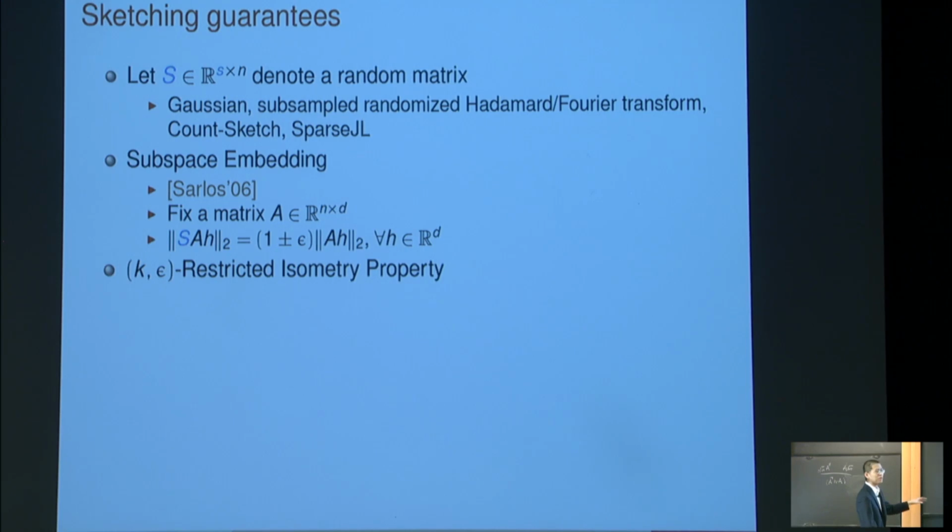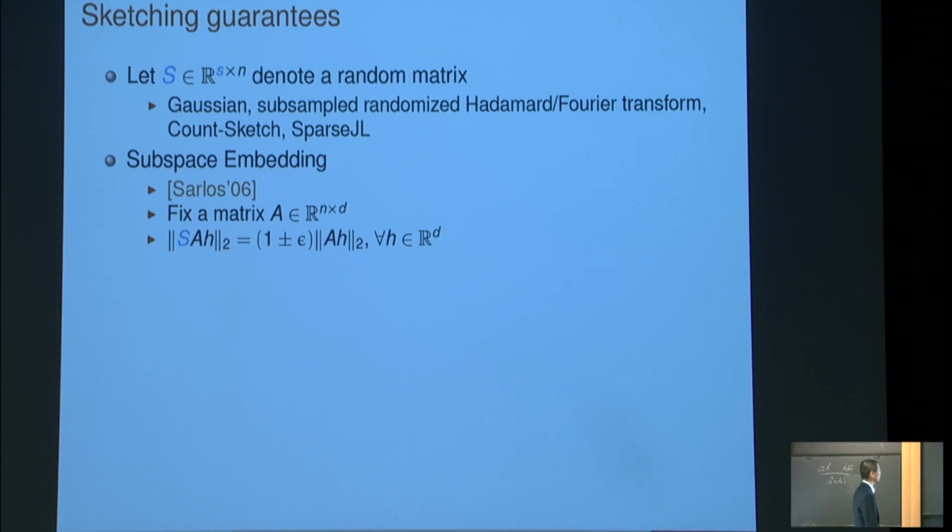And there is also something called a k-RIP. This is different from Johnson-Lindenstrauss? Johnson-Lindenstrauss only works for a fixed set of points, and you need to apply a union bound to get here. Just apply the trivial union bound, it's true. What does Sarlos do?